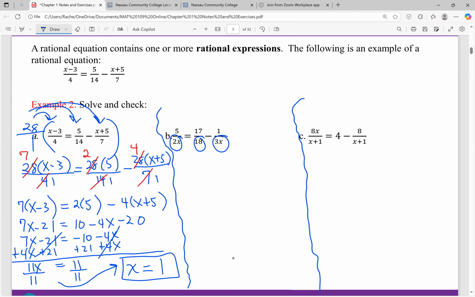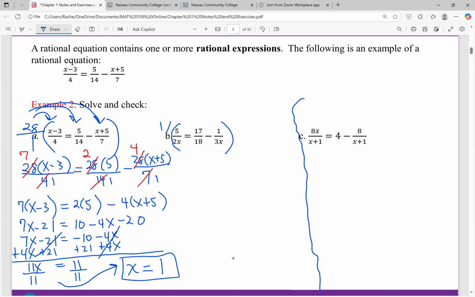My least common denominator is going to be 18x, right? Because a 2, a 3, and an 18 all go into 18, right? But then we also have the x factor here, right? So we're going to multiply both sides of the equation by 18x, or 18x over 1.